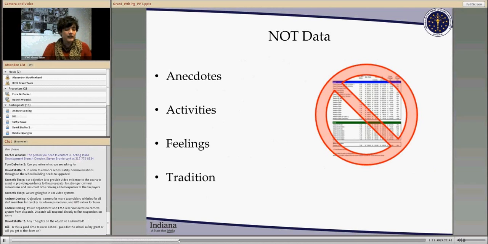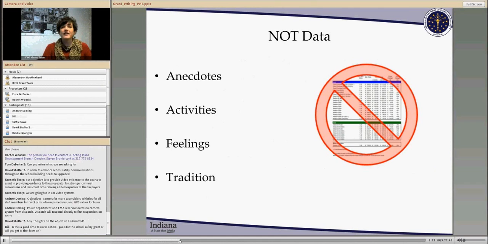If you have a feeling that you need something, and it's like Erica was talking about earlier when she was going through the gaps and hazard analysis. Some things are so intuitive to you, you might not initially think that there is data that is easily accessible. But think about why you have a feeling that you need certain things, or that you might be susceptible to a certain type of incident in your community.